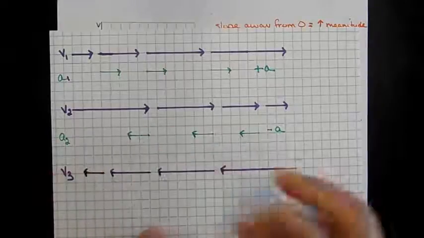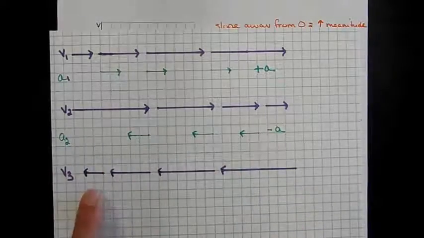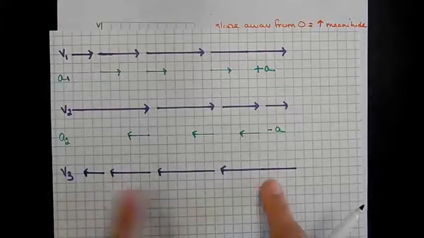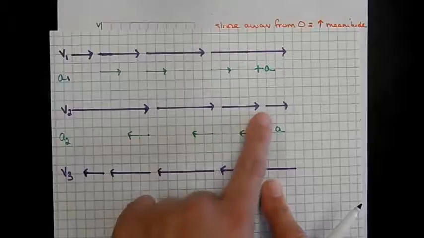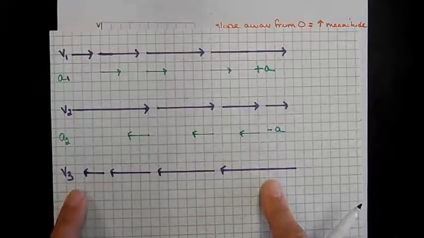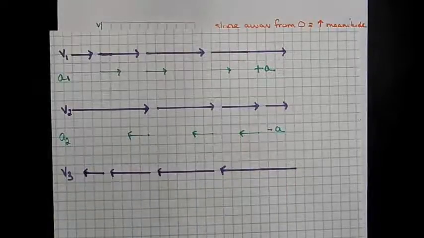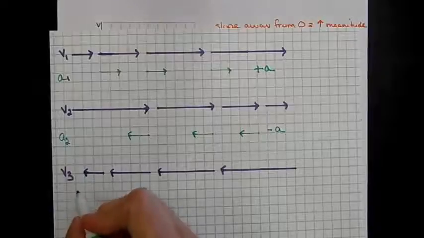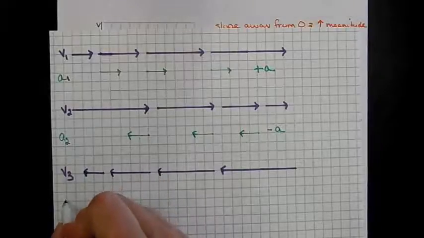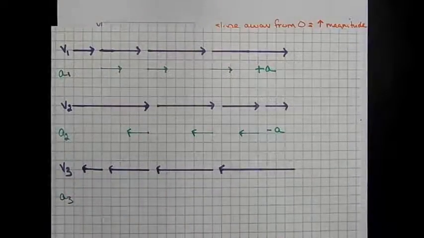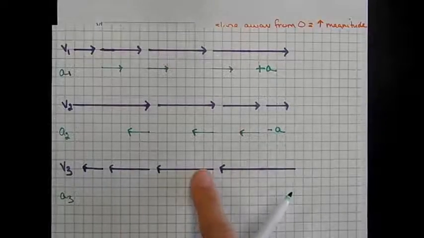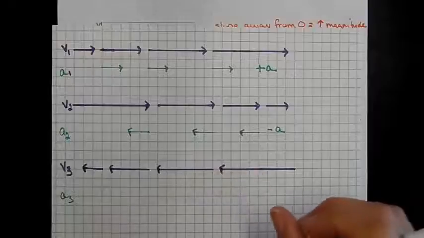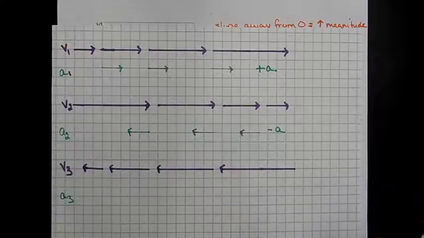So over the same amount of time, that one's just like this. We're getting smaller with our magnitude, smaller with our vectors. We're just going in the opposite direction. So our acceleration then for this one, since this one is smaller than this one, we would have to add an arrow, a vector, in the opposite direction.